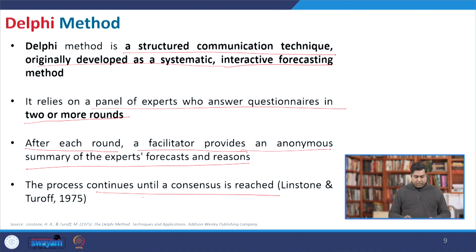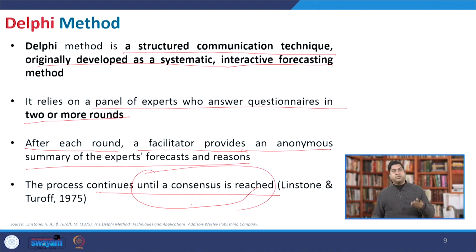So the process continues until consensus is reached. It may take 2 rounds, 3 rounds; it all depends on the number of questions and their complexity. So I cannot give you any number which will be the optimal number of rounds.